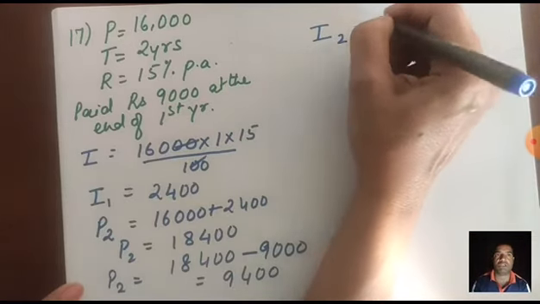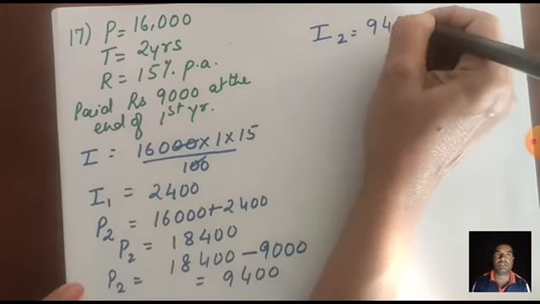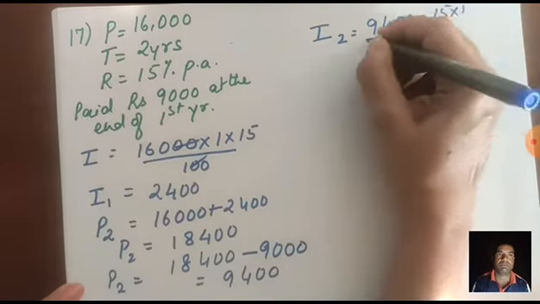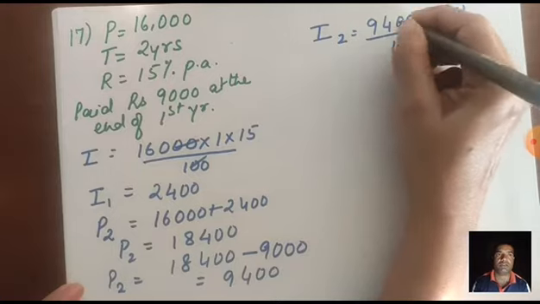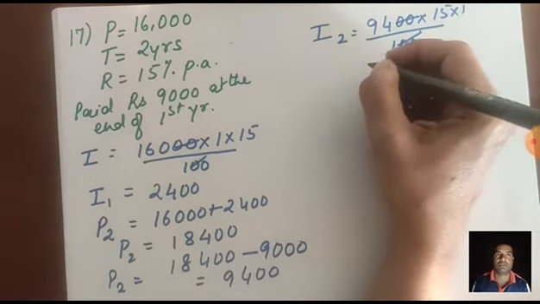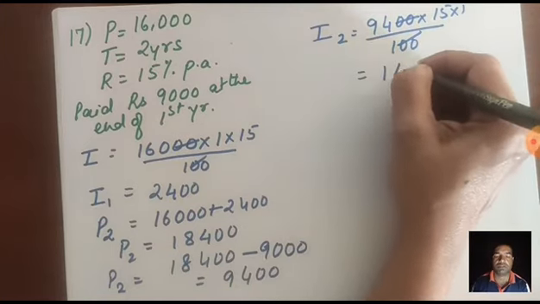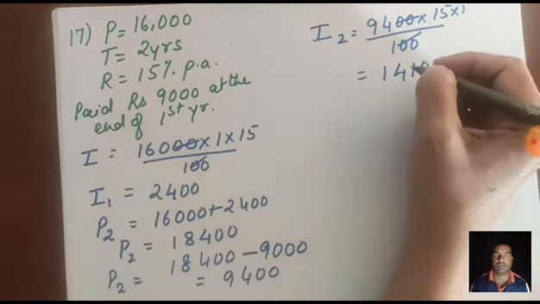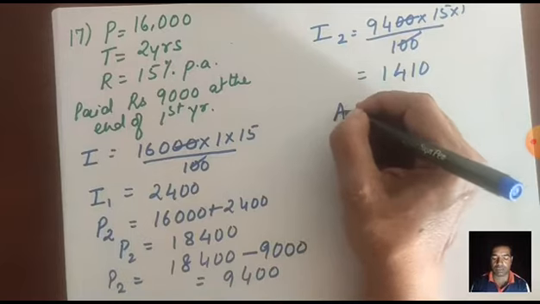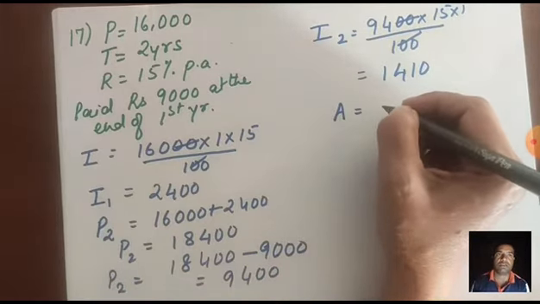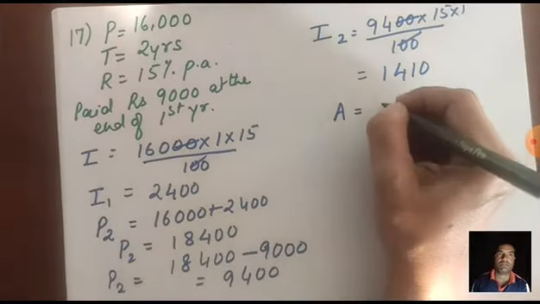I2 we have to find now, which will be the 9,400 into R will be the 15%, T will be the 1 upon 100. 0s can be cancelled. So 94 into 15, which will be the 1,410. So amount will be how much then? Add this interest to the principal.